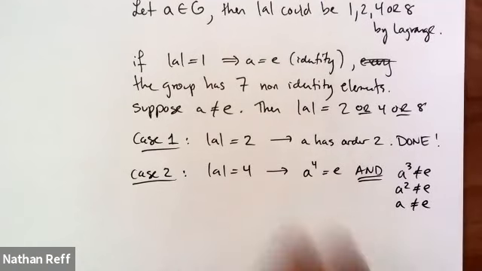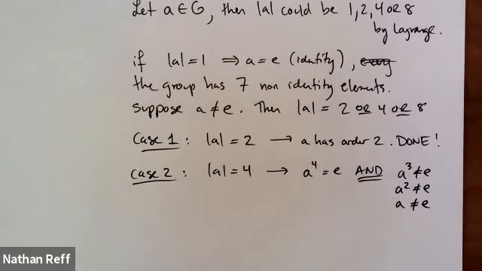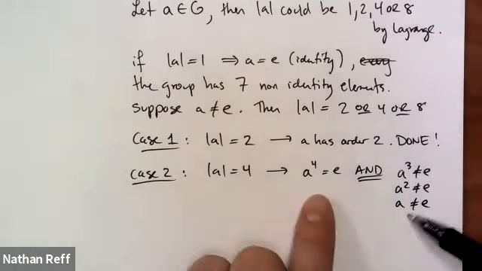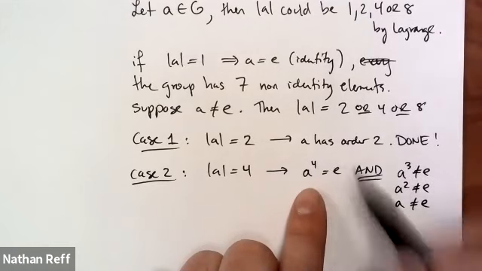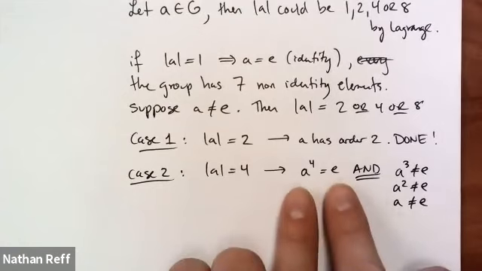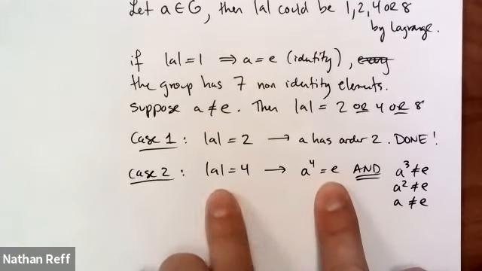That's the same thing as saying the smallest such n where A to the n is E is 4. It's much faster to just say that. And it's probably more intuitive too, right? It's saying it's not the identity, the square is not the identity, the cube is not the identity, but that is the first instance that gets us to the identity. So keep in mind that you can't just say that when you talk about the order.